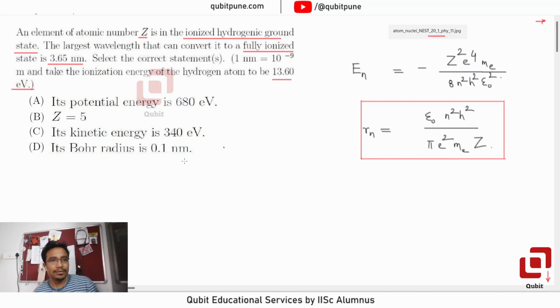Okay, so we are given an element, and its atomic number is to be found out, could be 5. Now let us try to understand what is meant by hydrogenic ground state. Hydrogenic ground state refers to a state where we have only one electron.